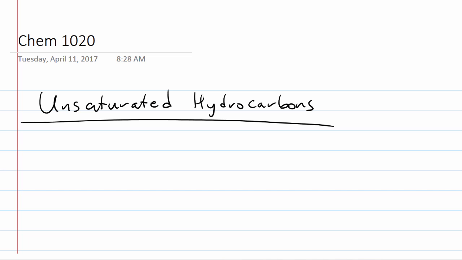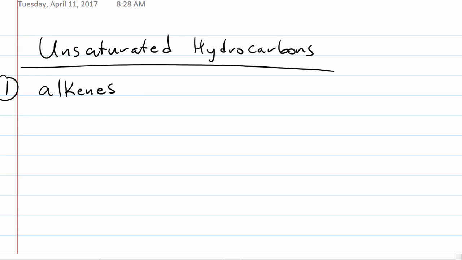All right. Then if it's unsaturated, what is it they're not saturated with? Hydrogen. And they're not saturated with hydrogen because they have either a carbon-to-carbon double bond or carbon-to-carbon triple bond. So again, these are unsaturated hydrocarbons. They'll have either a carbon-to-carbon double bond or a carbon-to-carbon triple bond. The two categories we are going to look at in here are called alkenes and alkynes.